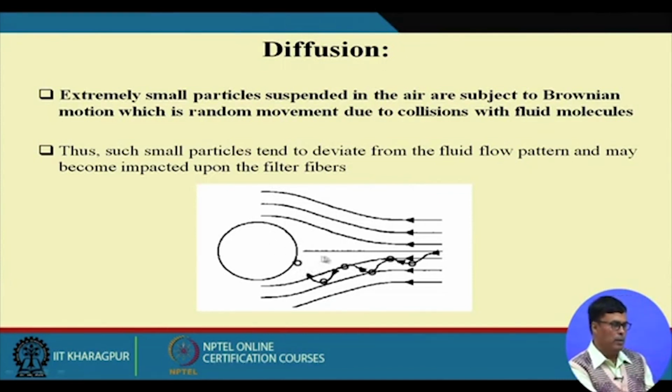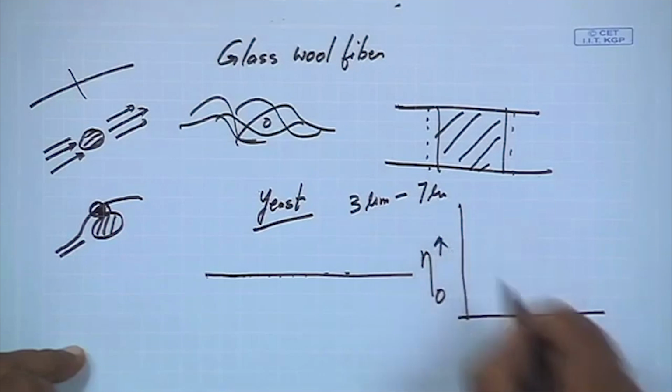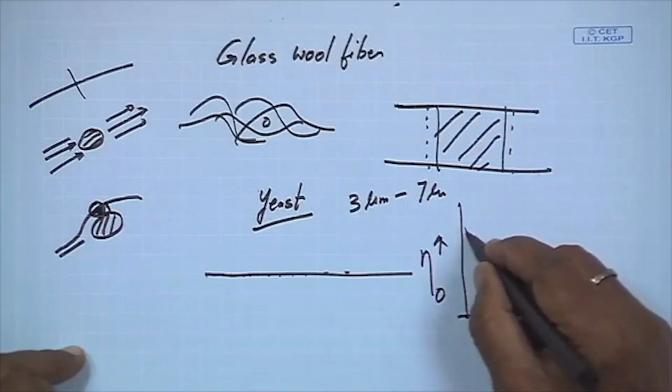And if the particle deposits on the solid matrix like this, we call it particle collected through diffusion. Extremely small particles suspended in the air are subjected to Brownian movement, which is random movement due to collision with the fluid molecules. So if I want to plot the overall collection efficiency versus the superficial velocity of the fluid, we can have the plot like this.